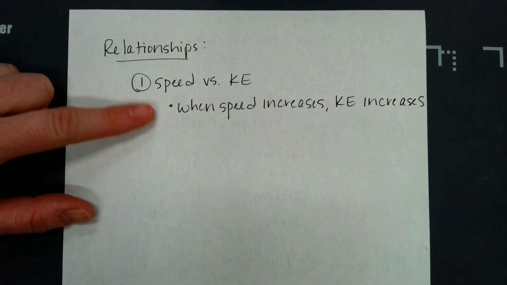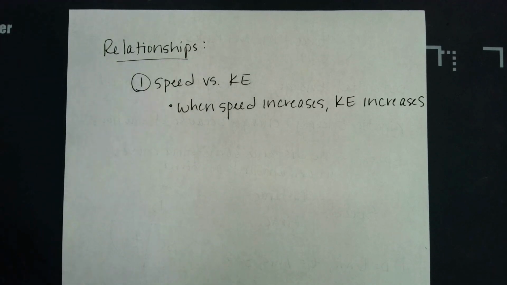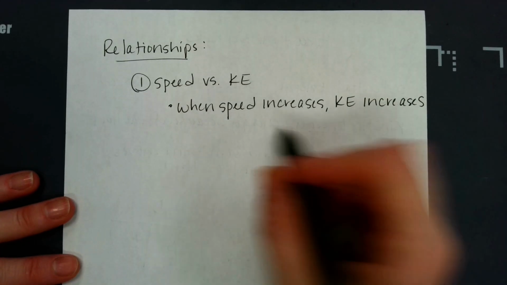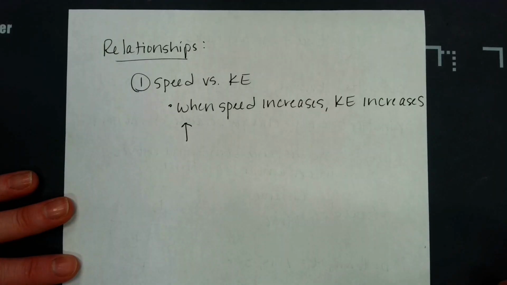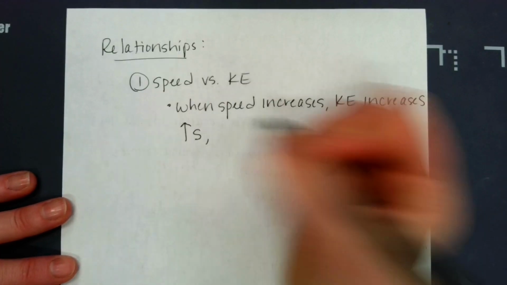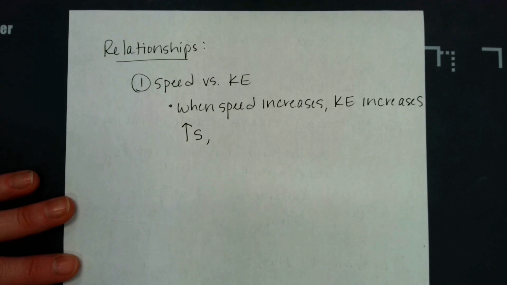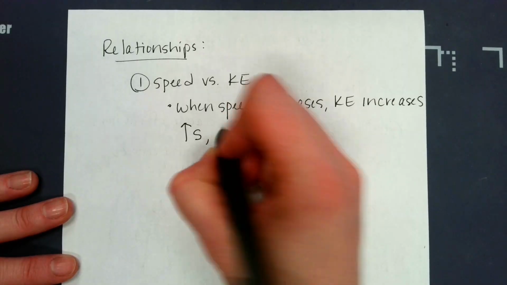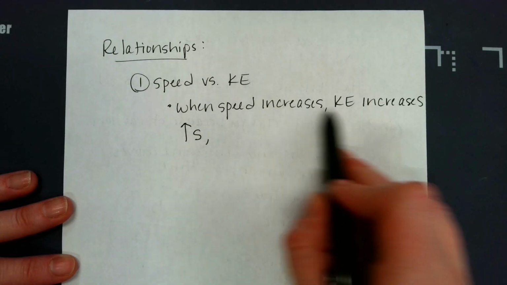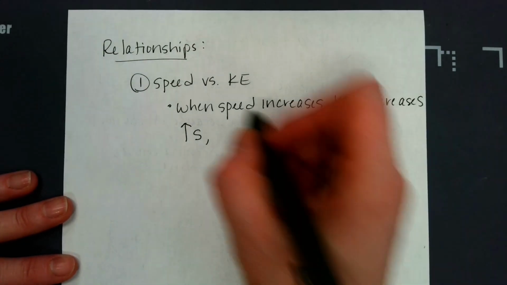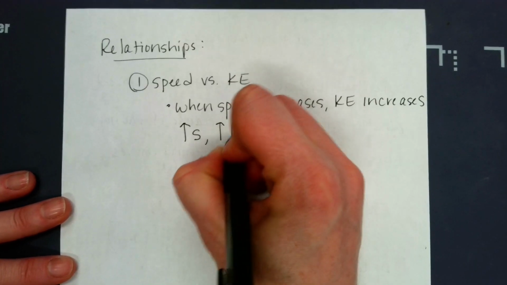Physics is a combination of science and math, and we use the same symbols. Okay, so increase is just used with an arrow. So if you increase your speed, speed is a little s, what happens to your kinetic energy? We just said it. Increases, right? So your kinetic energy increases.